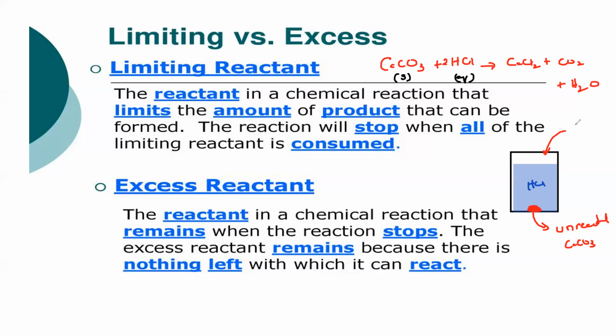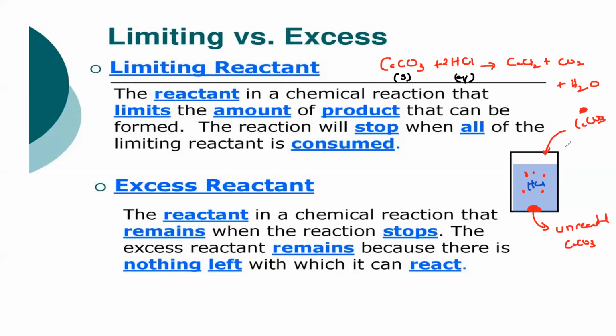Excess means we have more than enough, or extra. For example, we are adding calcium carbonate. Calcium carbonate is solid at room temperature. When we add this calcium carbonate to hydrochloric acid, it will give calcium chloride, carbon dioxide, bubbles will be there, and water is also produced.